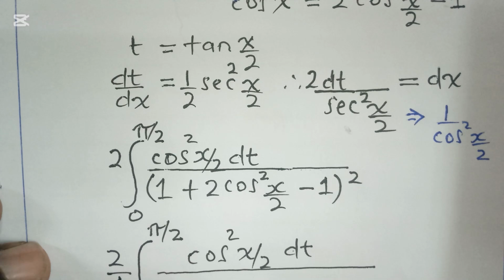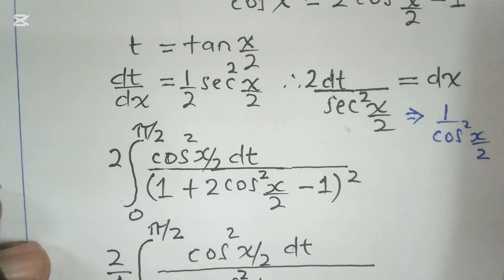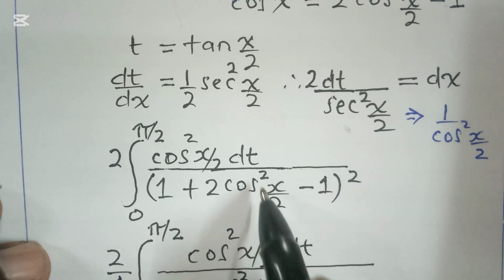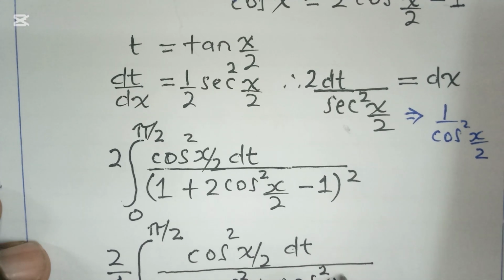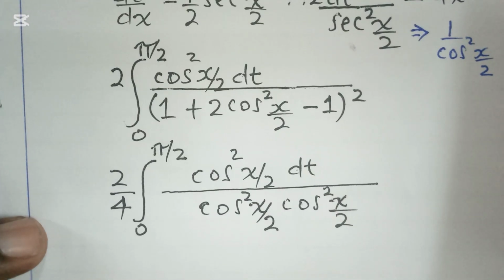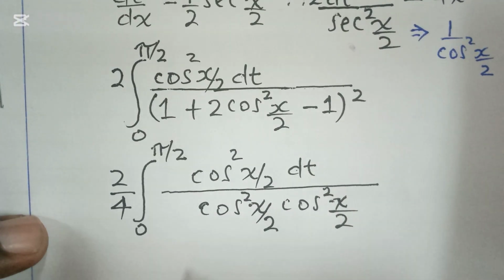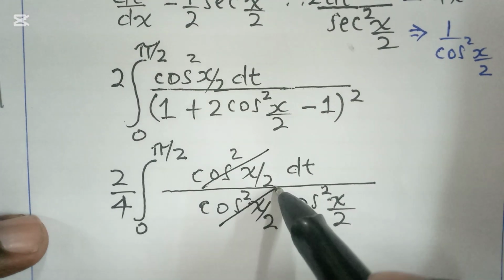Then here we are left with the cos squared x all over 2. Now that it is squared, this one will still have another cos squared x all over 2, like that. And so guys, we can cancel one of them.